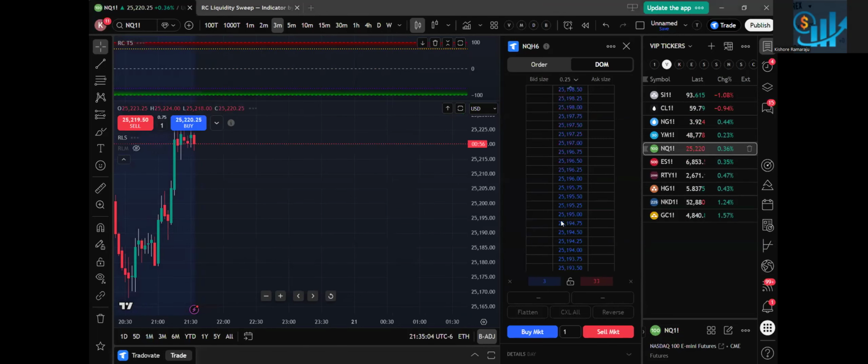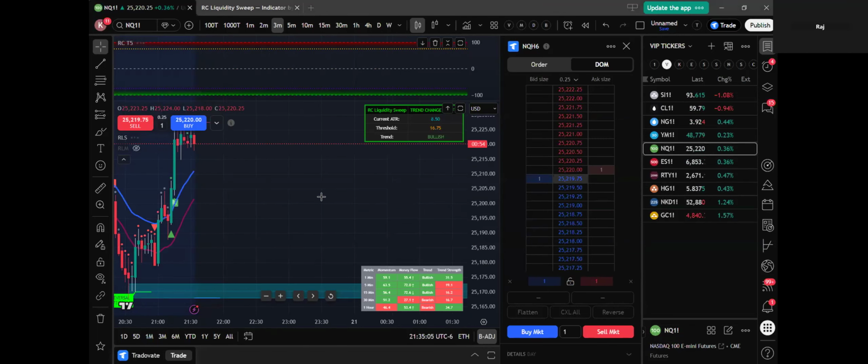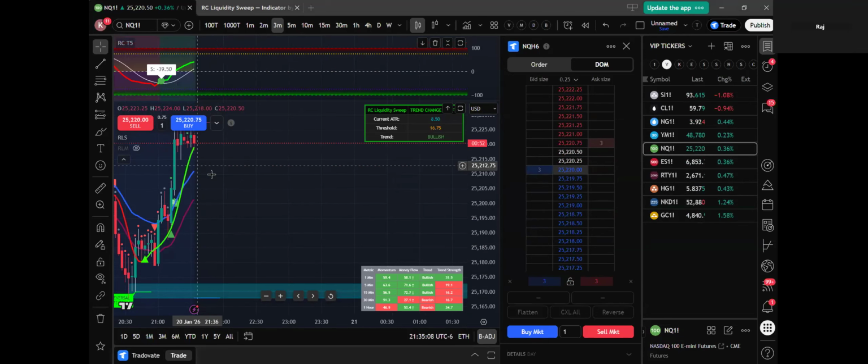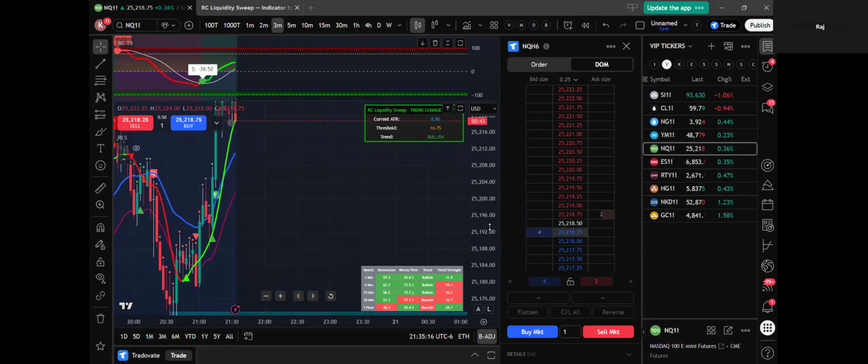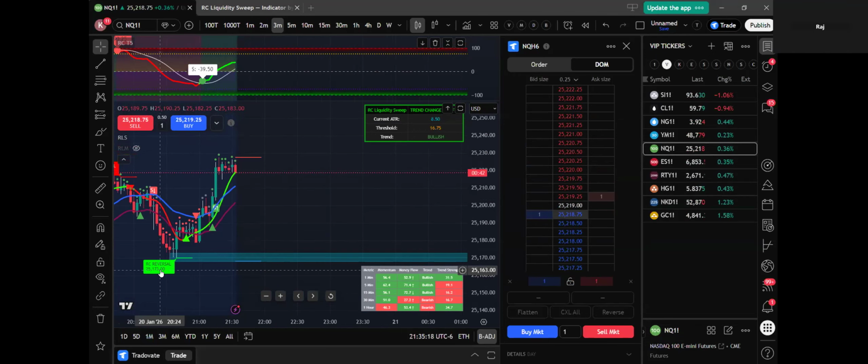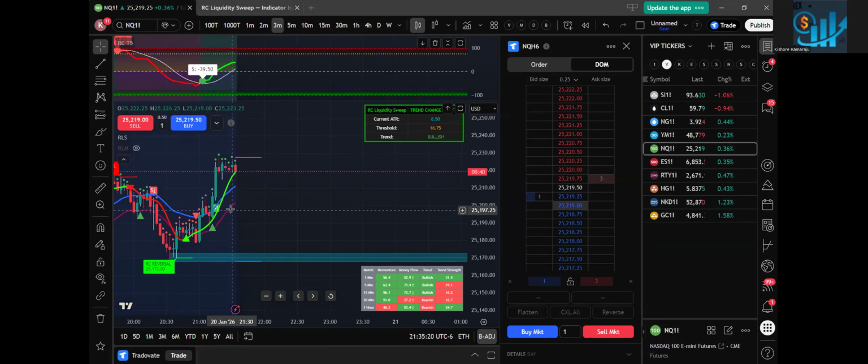Or wait for the signal. If you're going to stay awake, then you better wait for a little pullback. You got a reversal here. It will pull back and again go further up.